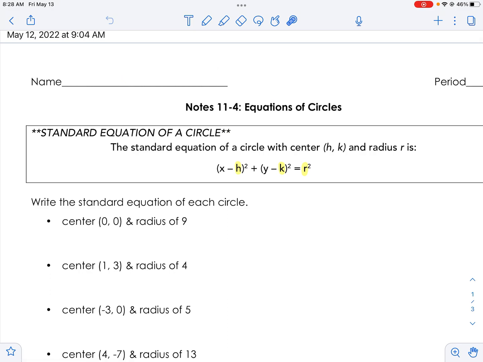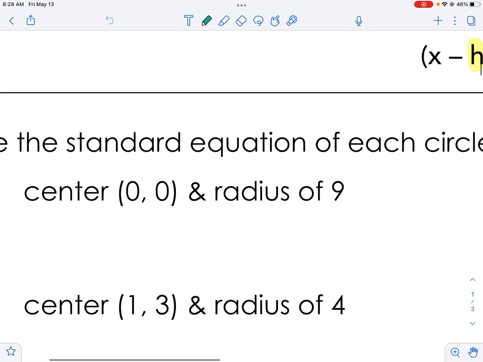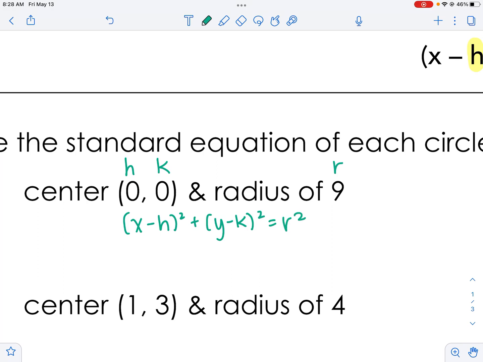So if the first one has a center at (0, 0), I'm going to label that as h, k, and my radius would be r. The formula is (x − h)² + (y − k)² = r², and I'm just going to plug in those values. So it'd be (x − 0)² + (y − 0)² = 9².